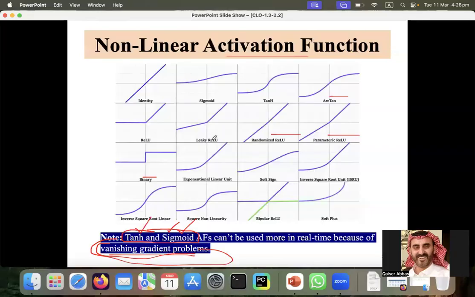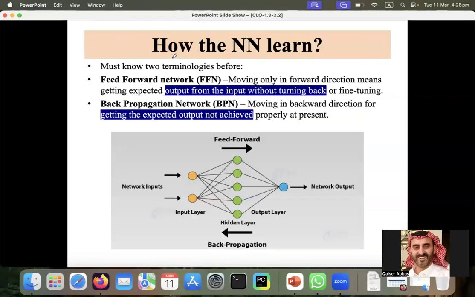Now we have already started the topic of neural networks, and we said that in neural networks we will use softmax, in place of sigmoid. We said this in the beginning of the neural network topic. Why will we use softmax?